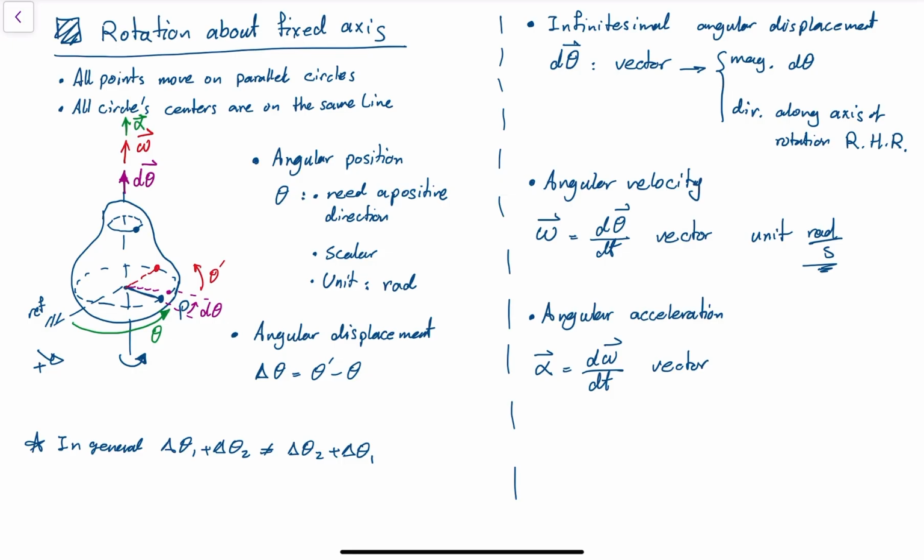If your omega is increasing, for instance, in this case, from left to right, or that direction I have drawn, your alpha will be upward. Or if your omega is decreasing, your alpha would be downward.